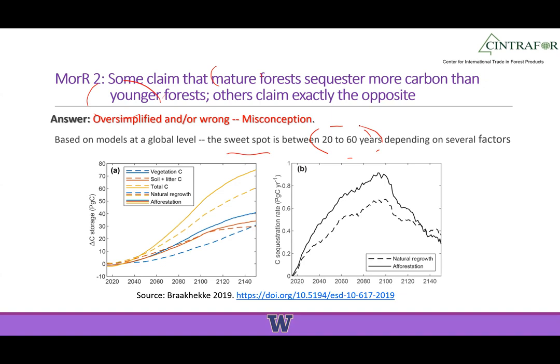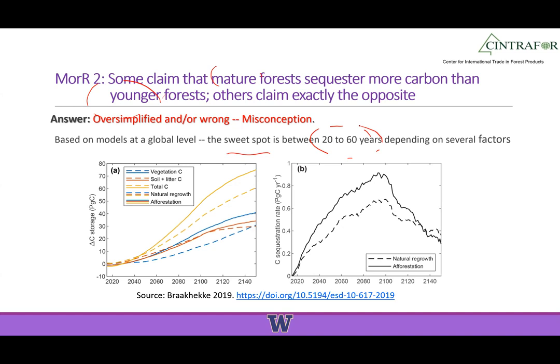It's not very young forest, not very old forest. In most cases, it's in the middle, 20 to 60 years, depending on the species, the soil type, the agroclimatic zone, and all those things. So that's where the sweet spot is, a 20 to 60 year age plantation.